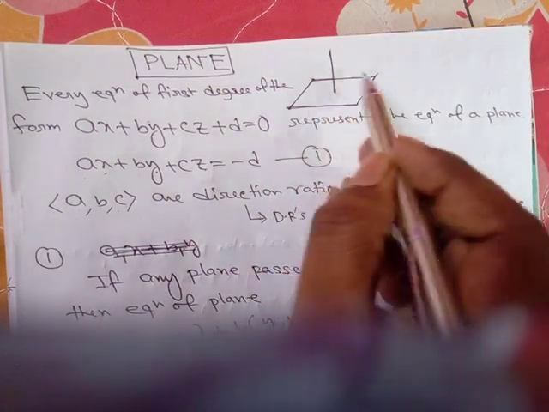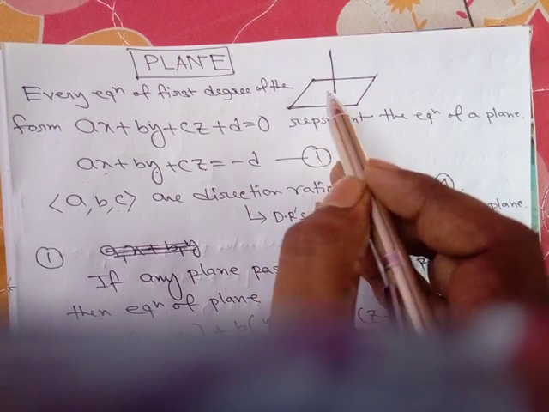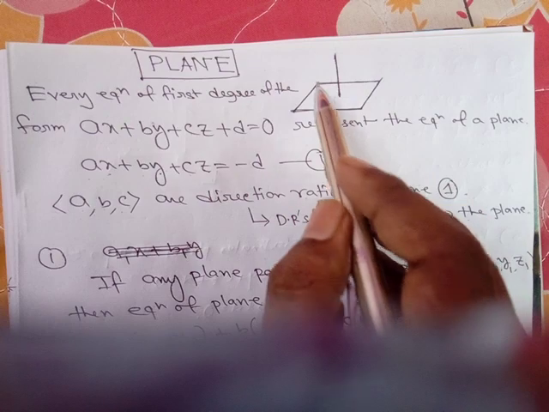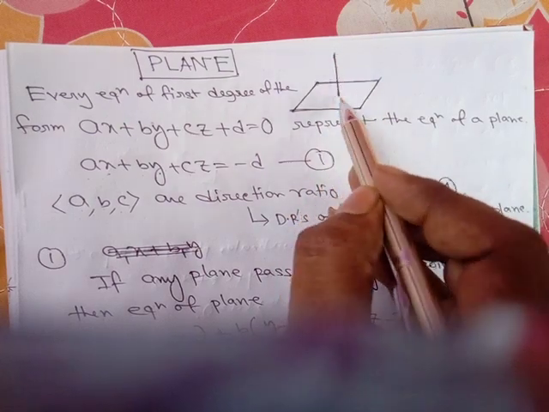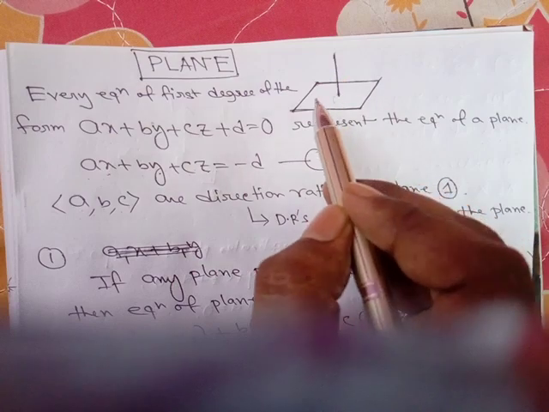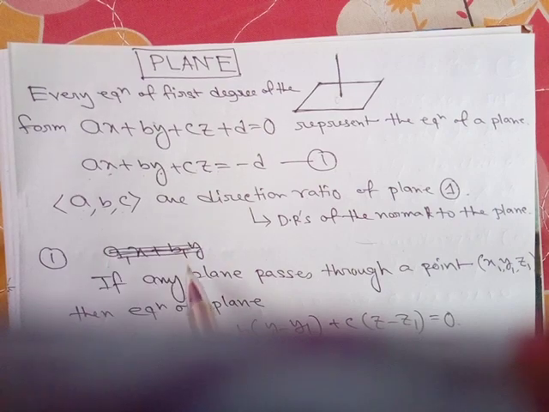Suppose this is one plane. It doesn't mean the plane has no direction ratio. If we draw one normal on the plane, the direction ratio of the normal is the direction ratio of the plane. So the direction ratio of the normal to the plane is a, b, c.